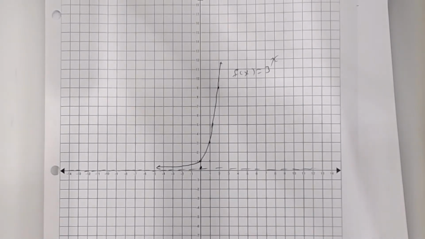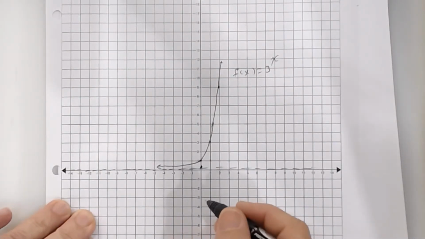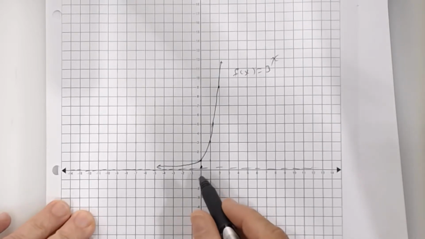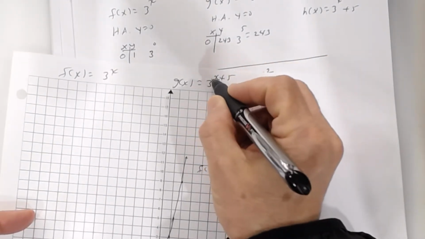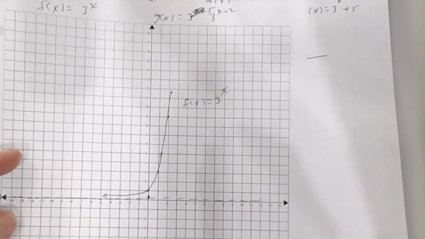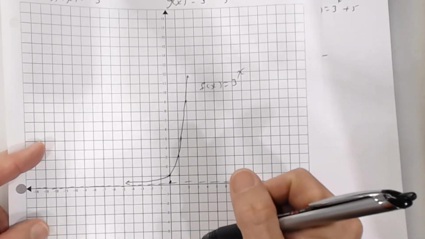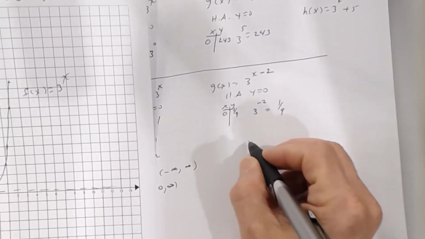All right, now let's graph g of x. So I found the y-intercept, that's here. Now, remember, this is no longer f of x. G of x is 3 to the x minus 2, is that right? All right, so give me another value for x, for 3 to the x minus 2. You said 1?